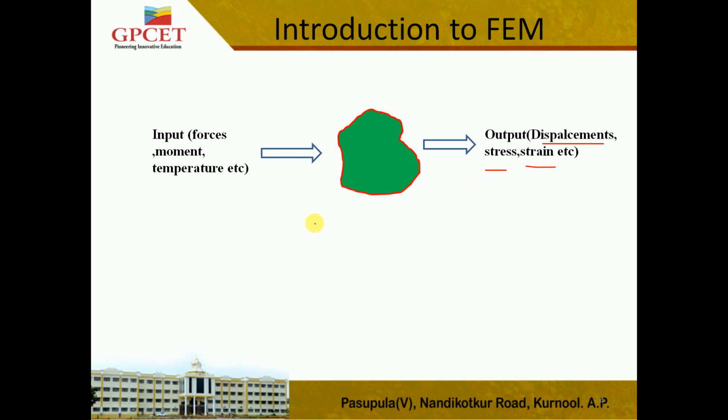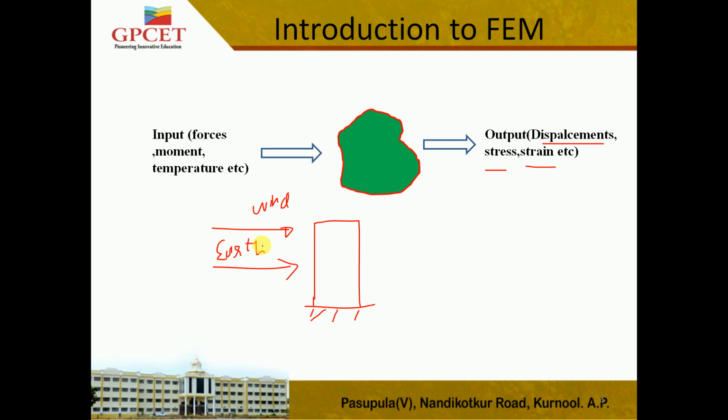Let us say a building is there, suppose a 5-story building. If you apply some loads, of course we will not apply the loads on a real structure. The loads are nothing but wind loads, and also earthquake loads or any other loads.